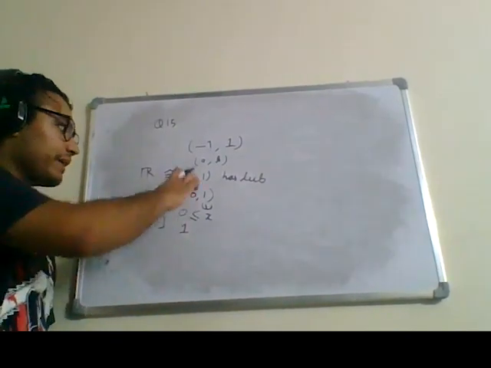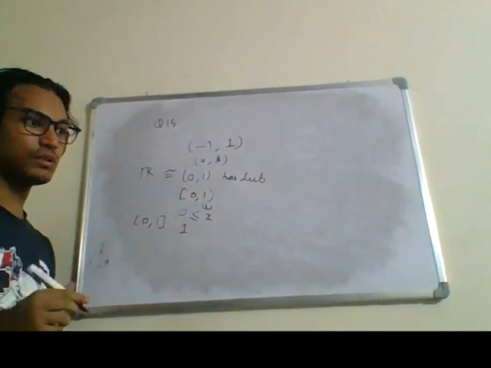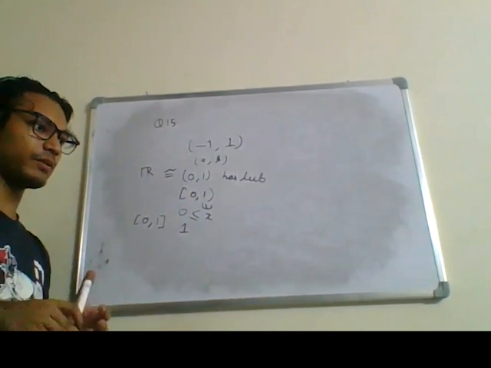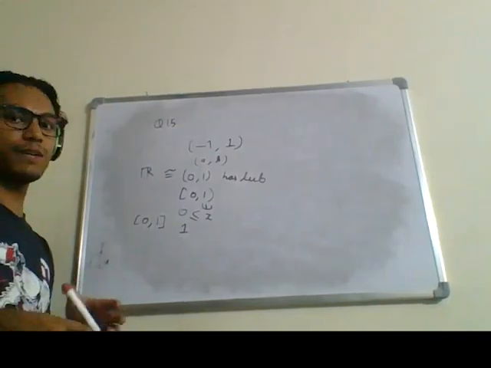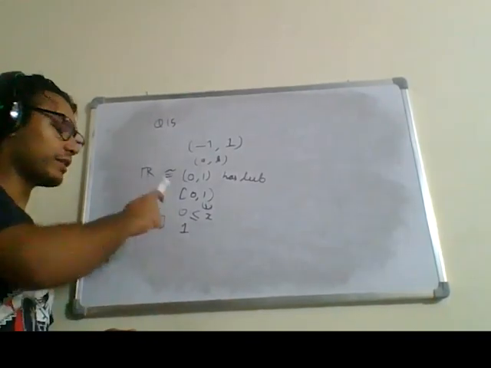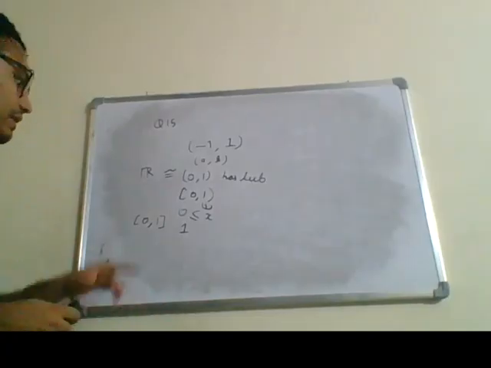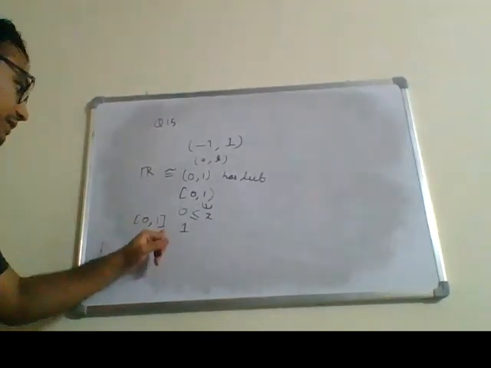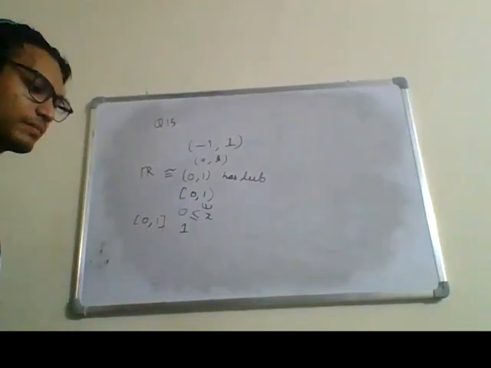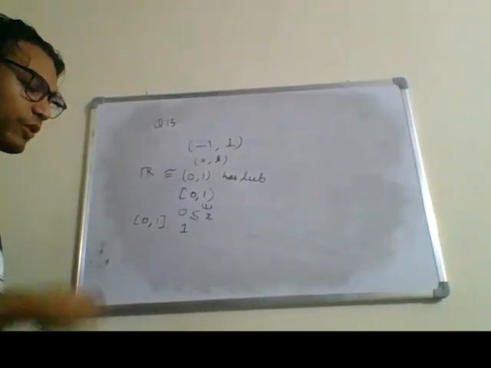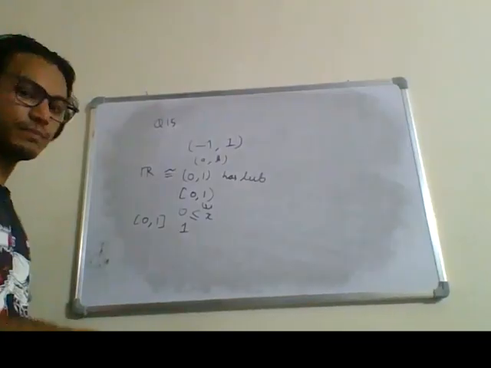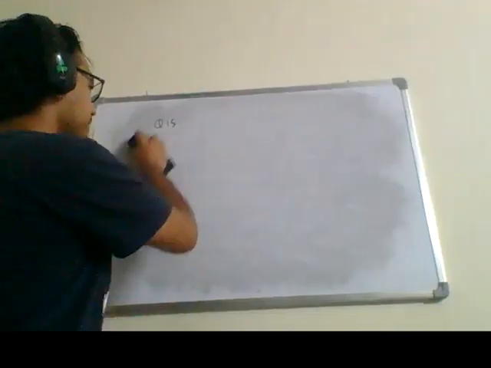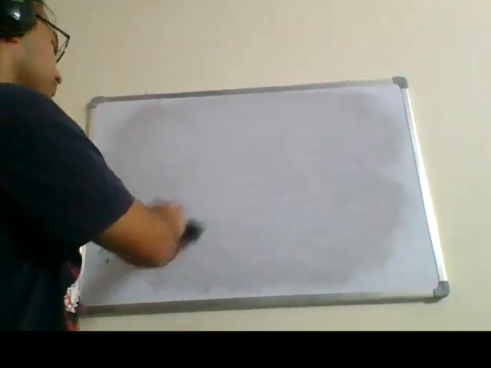If it doesn't have 0, then we essentially have a subset of 0 comma 1, and since 0 comma 1 has the least upper bound property, it will have one too. And we get a least upper bound whether we include or don't include 1 and 0. And that concludes the exercises for chapter 3, section 3.